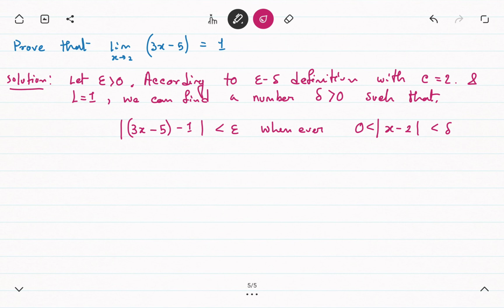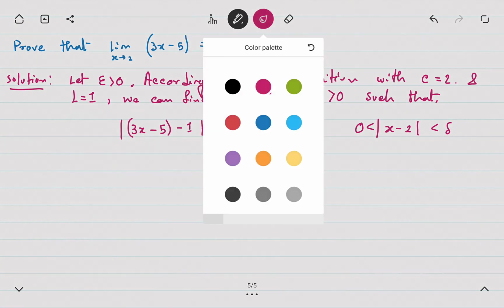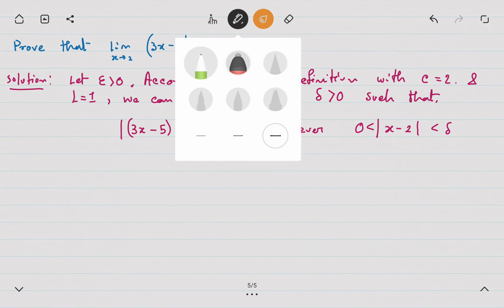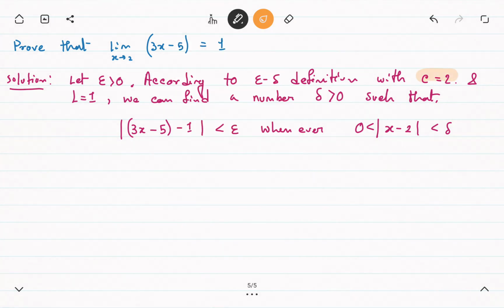So as per the epsilon delta approach, we have considered that there exists an epsilon which is a given positive number, obviously, and according to this definition we consider c equals 2 and L which is 1.